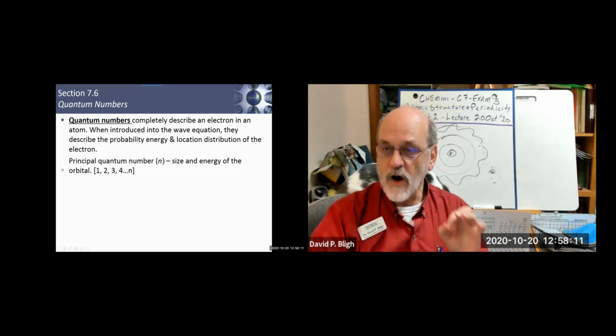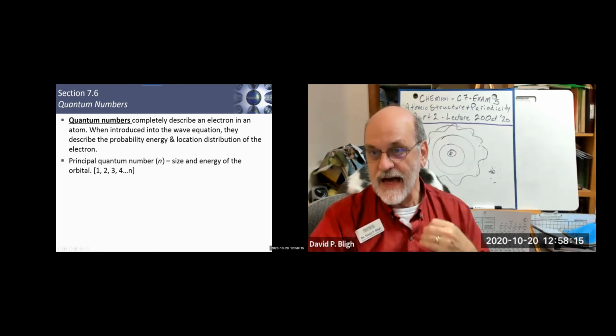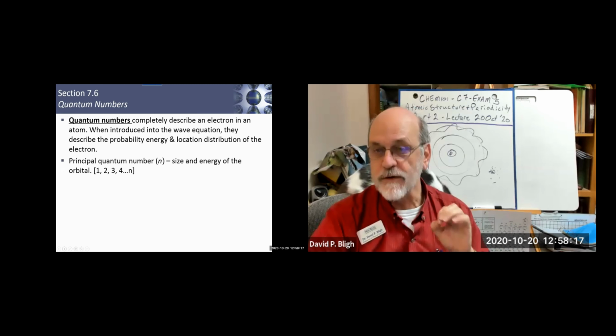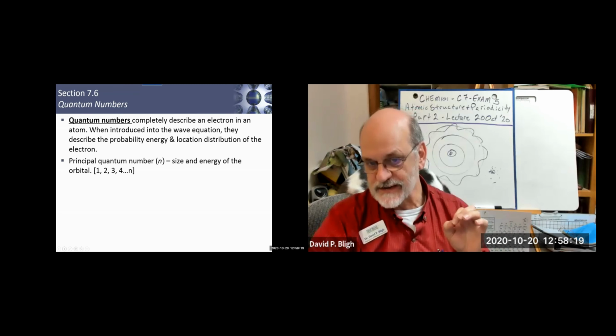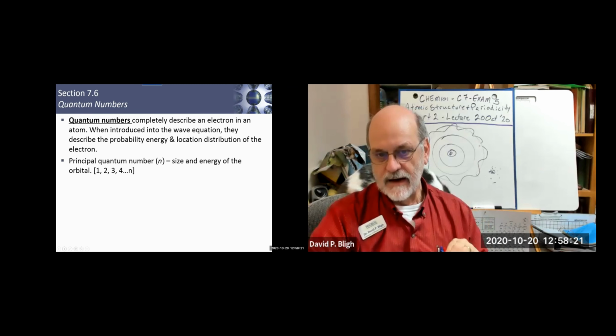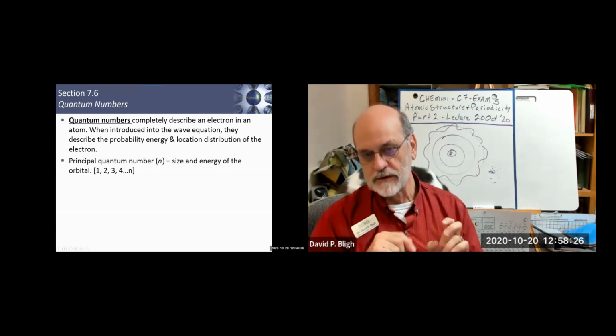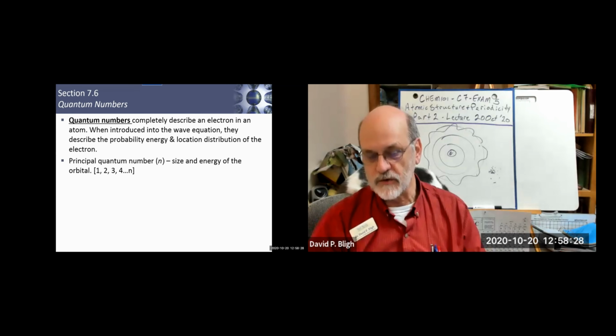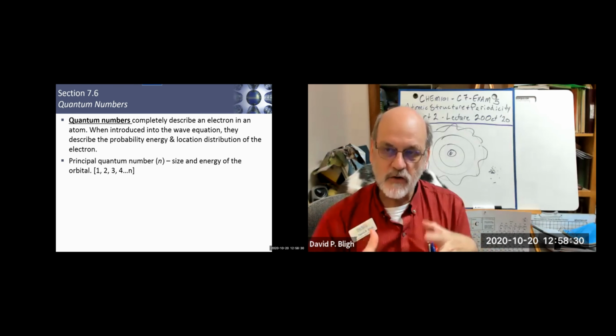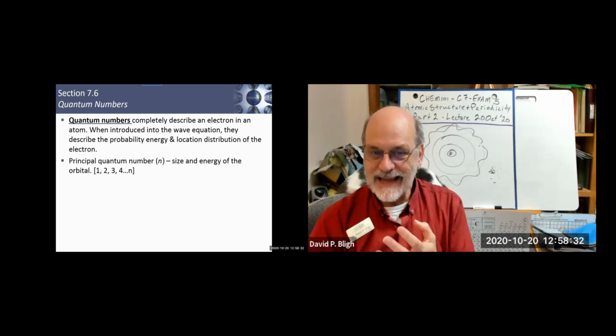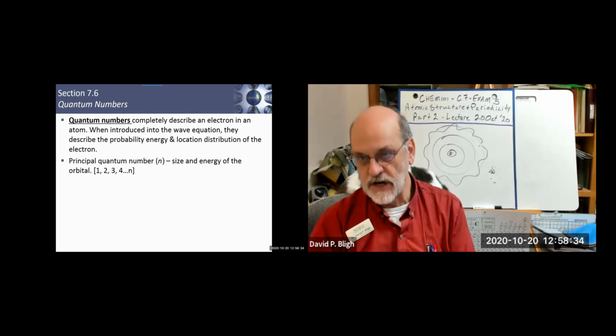Okay, we've already talked about the energy levels for the Bohr atom, and that relates to the very first quantum number, which is this little n. So don't get that confused with moles. I know I use little n for moles when we're doing stoichiometry, but now we're talking about electronic structure, and the little n is the principal quantum number.